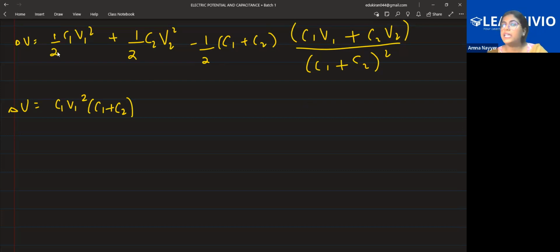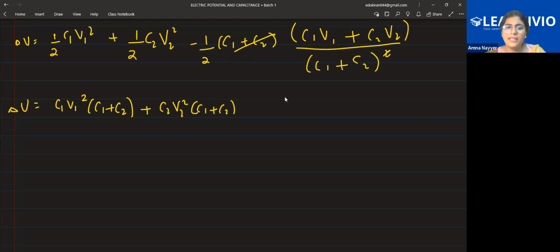Here 2 is already there in the denominator, so we have to multiply it with C1 plus C2. Here also C1 plus C2. So this becomes plus C2V2 whole square into C1 plus C2. Then, class, this bracket and this bracket will be cancelled already.